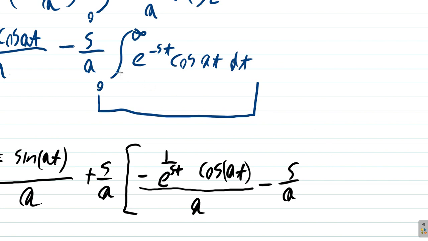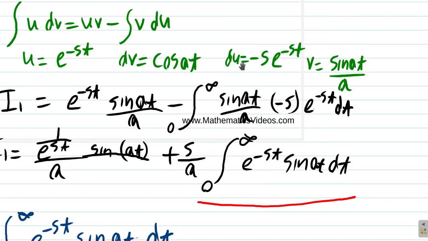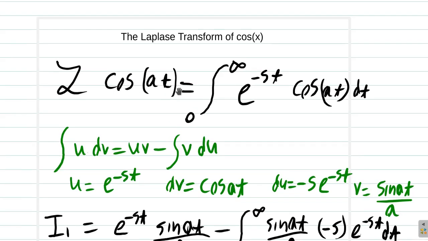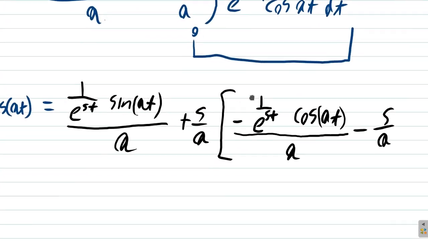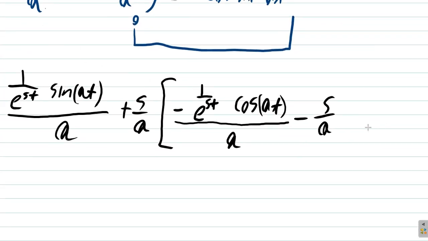Now, the integral from 0 to infinity of e to the negative st cos at dt. But remember now, this part is the Laplace of cos at, as you see here. So let's write it as the Laplace transform of cos at.